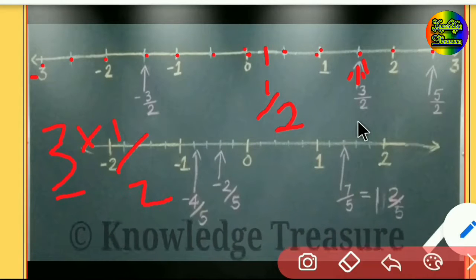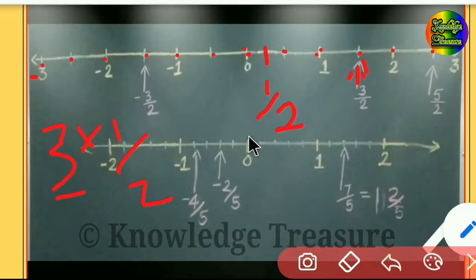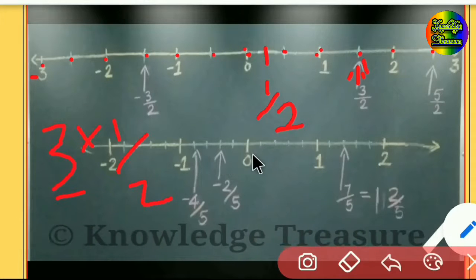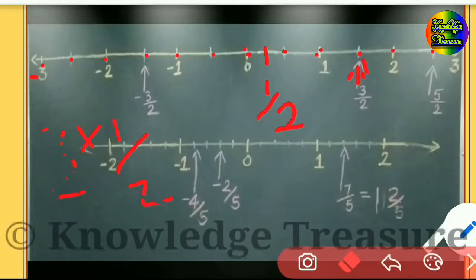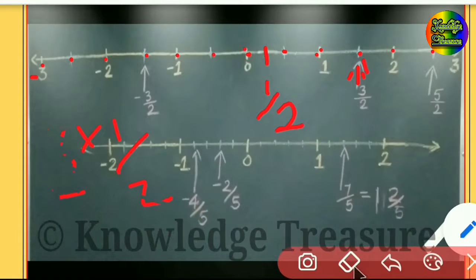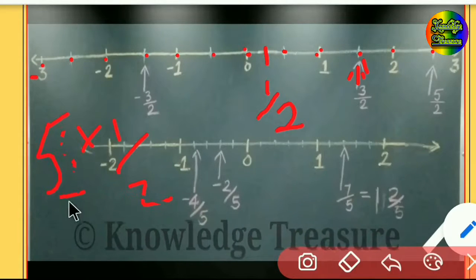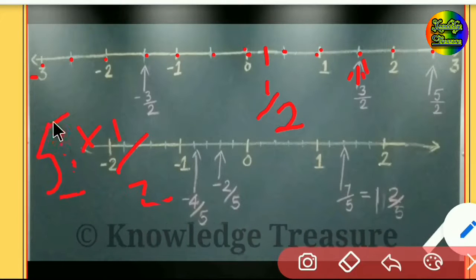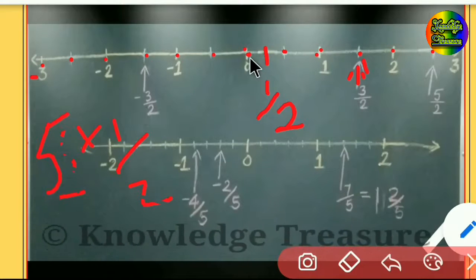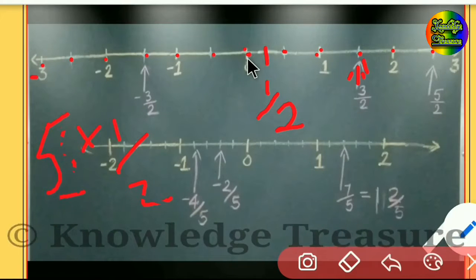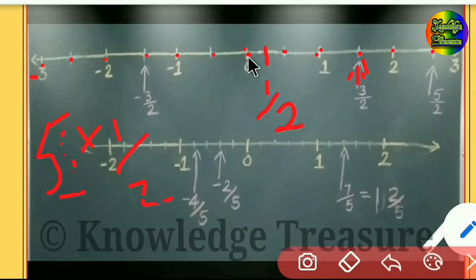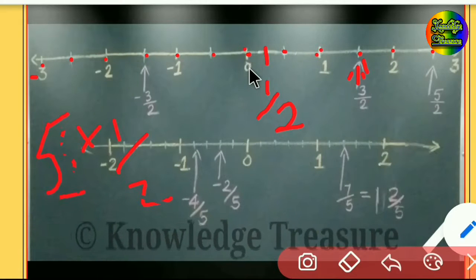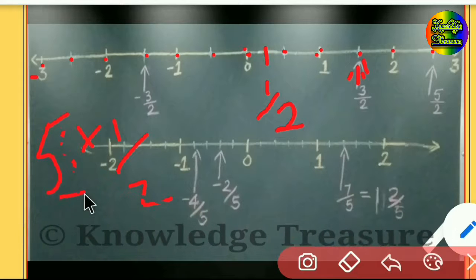Okay. Now the second one is 5 upon 2. How you can write down 5 upon 2? You can write down 5 upon 2 as 5 into 1 upon 2, which means 5 points after 0. In the first number we have shown 3 upon 2, counting 3 points from 0. Here you have to count 5 points.